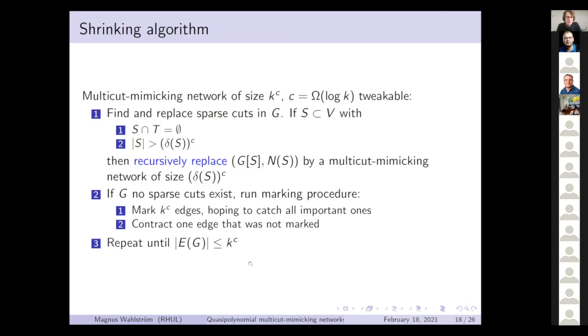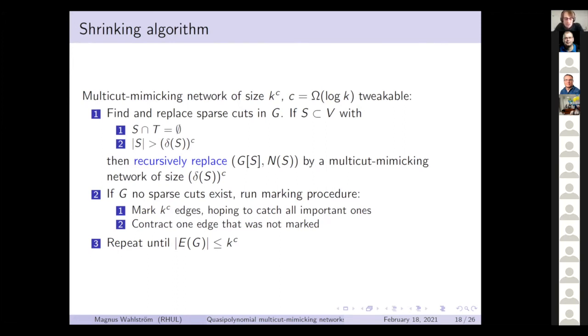Eventually, the graph contains k to the c edges in total, and that's the mimicking network. So we need an algorithm for detecting sparse cuts in step 1, and we need a recursive call to the same procedure. The algorithm is swept under the carpet. So let's just focus on the marking procedure, assuming that the graph is relatively dense.